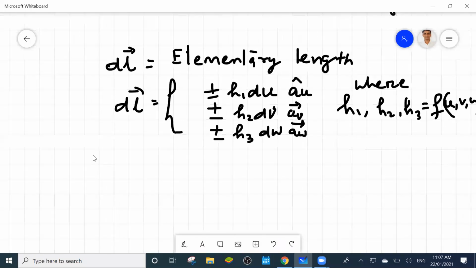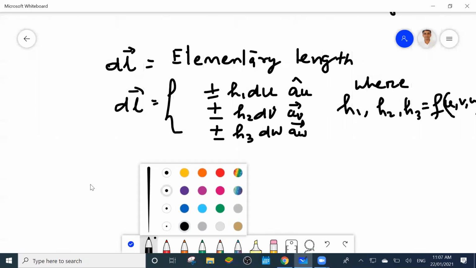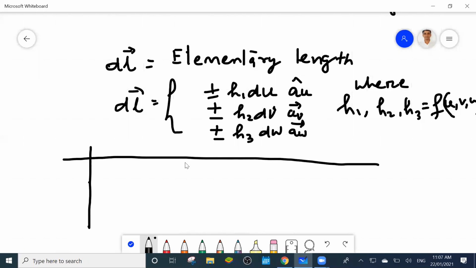Now I am writing three coordinate systems. So what are the three coordinate systems? Suppose all you remember what are the coordinate systems? There are three types of coordinate system. One coordinate system is Cartesian.